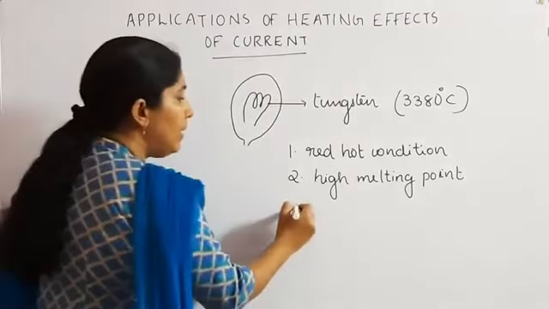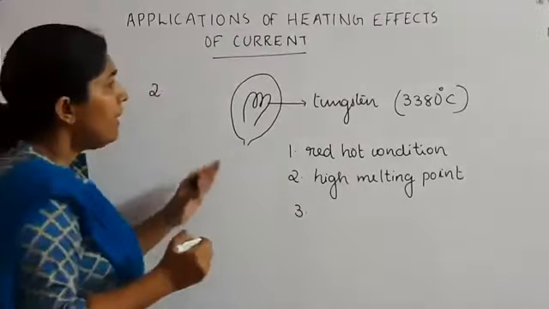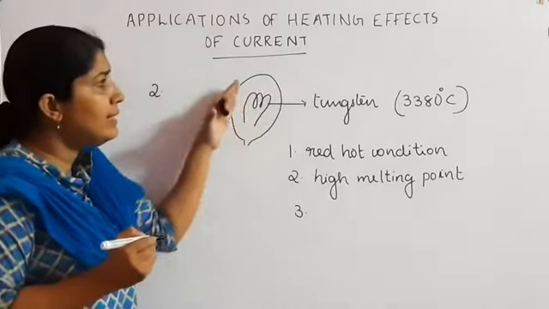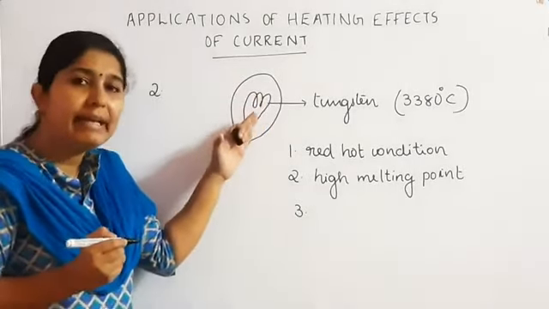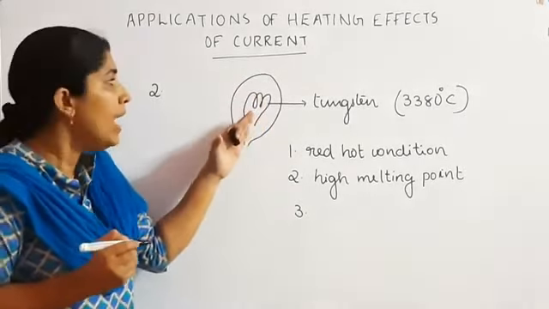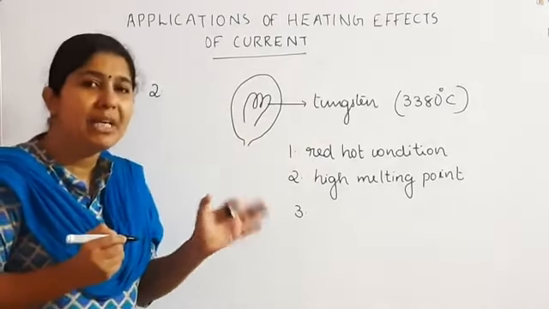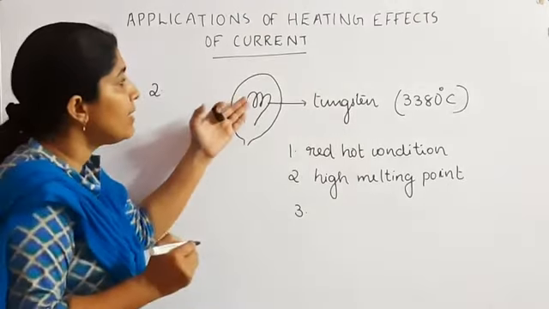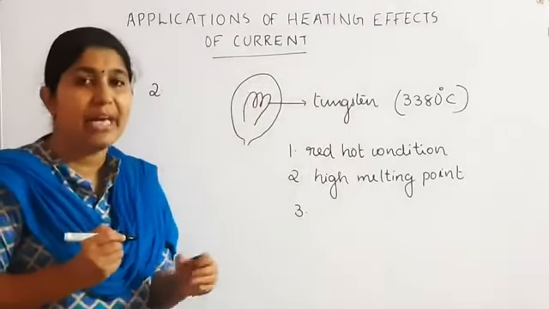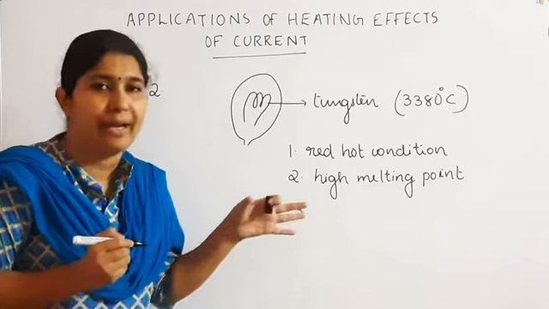The third point is that the gas which is filled inside this electric bulb is an inert gas. Due to that inert gas, there is no chemical reaction between tungsten and the gas, so it has a long life.